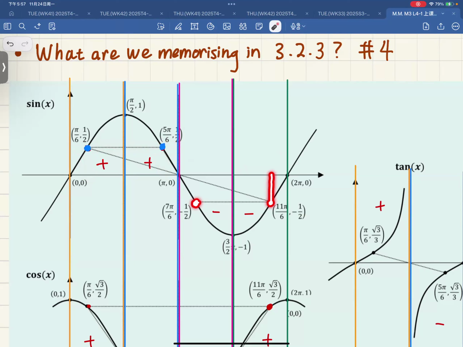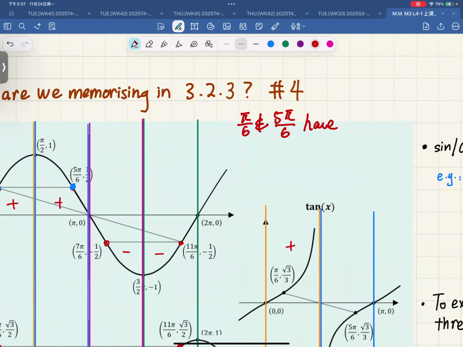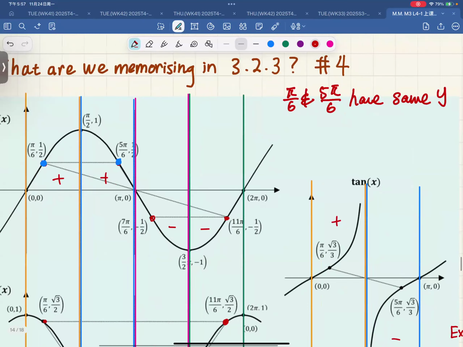They have different x values, but the same y value. I'll write it down: pi on 6 and 5 pi on 6 have the same y.